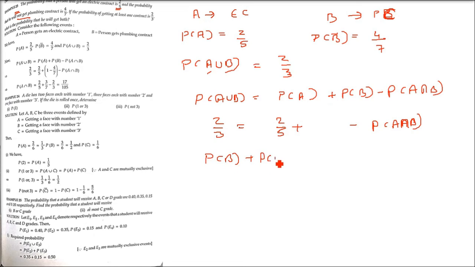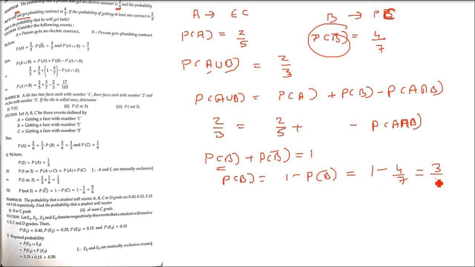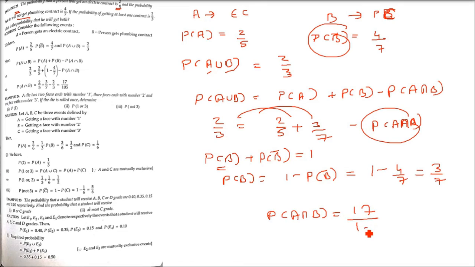We know that the happening and not happening of an event, if you add them, is going to be 1. So P(B) equals 1 minus P(B bar), which is given in the question as 4 by 7. 1 minus 4 by 7 is 7 minus 4 by 7, that is 3 by 7. Put it here. Now take P(A intersection B) to one side, the other terms on the other side, and you will finally find it to be 17 by 105. This is one more type.